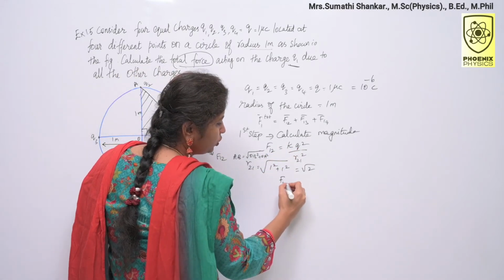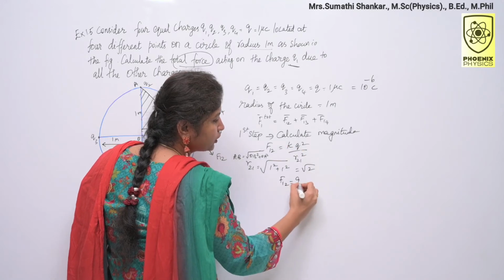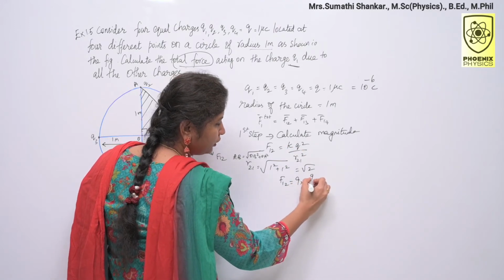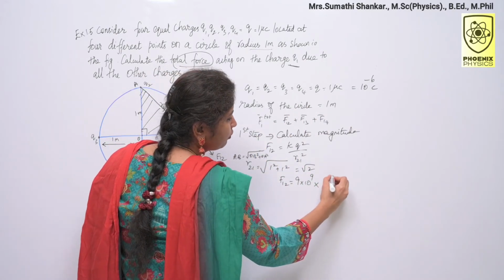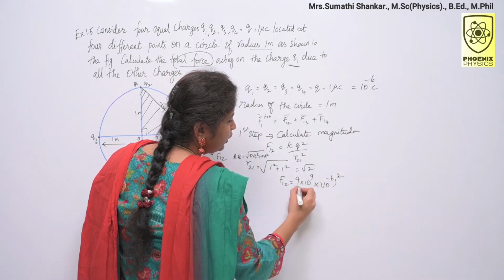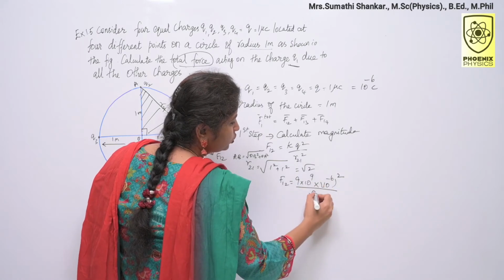So F12 is equal to K value, 9 into 10 to the power of 9, into microcoulomb means 10 to the power of minus 6 coulomb, so 10 to the power of minus 6 the whole square, divided by root 2 the whole square.